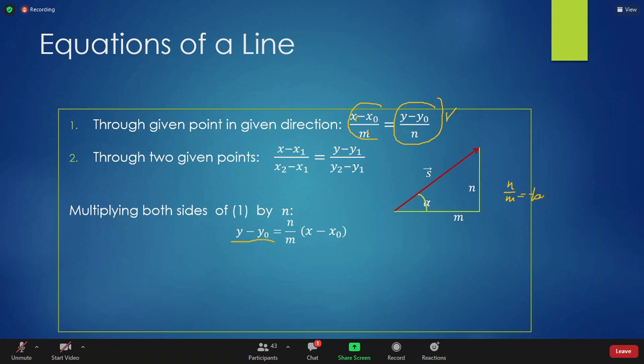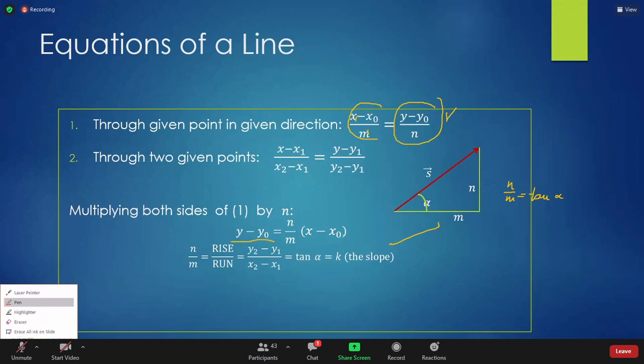This is the tangent of the angle that the line, or in this case the vector, forms with the x-axis. If we denote this tangent by some value k and call it the slope, this is what happens when we get rise over run when plotting lines into coordinates. The rise is n and the run is m.